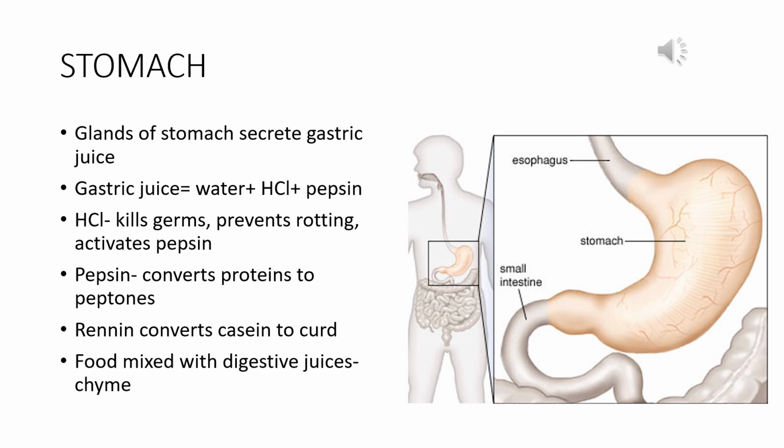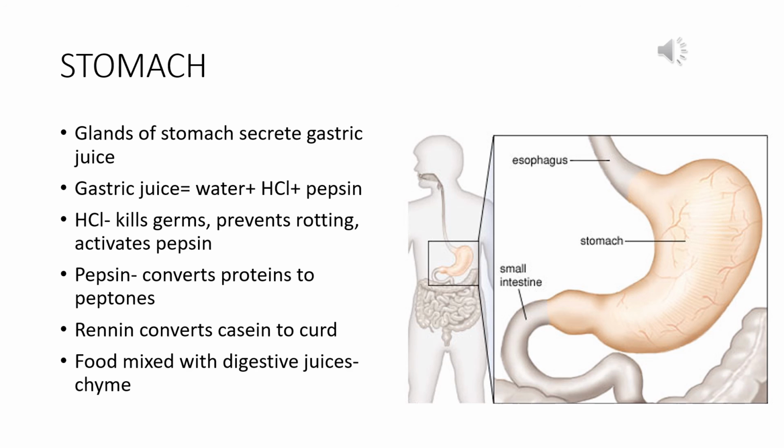Now the gastric juice is made up of three things: water, HCl and pepsin. HCl is a strong acid. It kills all the germs that are present in the food. It prevents the food from rotting, and it also activates the pepsin that is present in an inactive form, which is called pepsinogen.